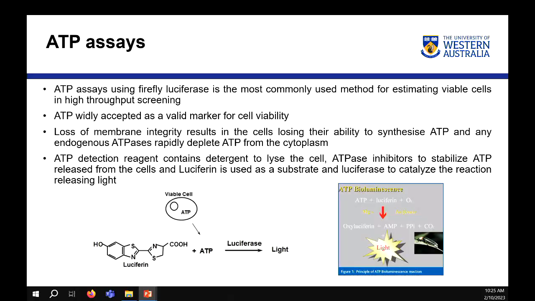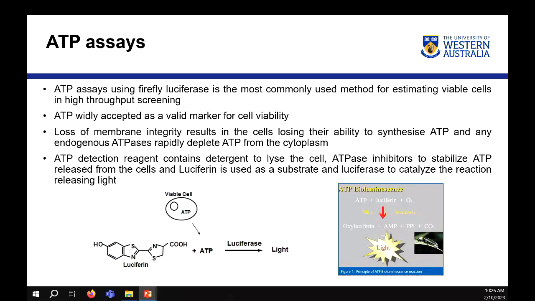The ATP assays, I have to go through this one because this is probably the most common, because all you're detecting is light. Essentially, it uses luciferase, and it is incredibly high throughput and very quick. ATP is widely accepted as a valid marker for cell viability, and the loss of the membrane results in the cells losing their ability to make ATP, and any endogenous ATPases rapidly deplete ATP from the cytoplasm.